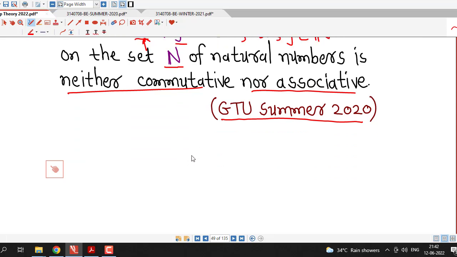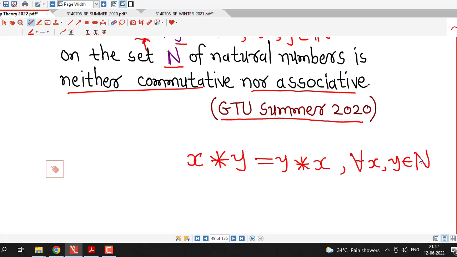So by the definition, this operation is commutative if x star y equal to y star x for all possible natural numbers in N. If for all x, y in this set of natural numbers x star y equal to y star x, then star is commutative.